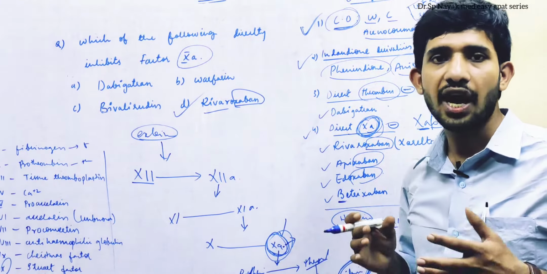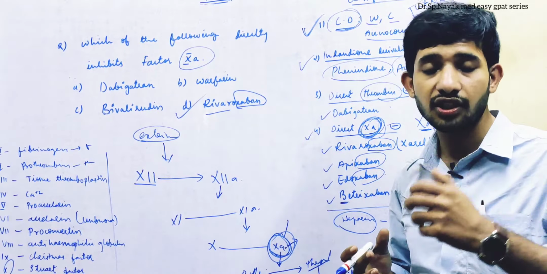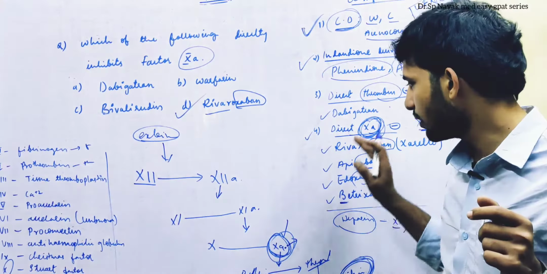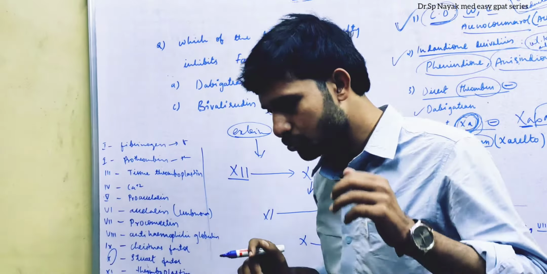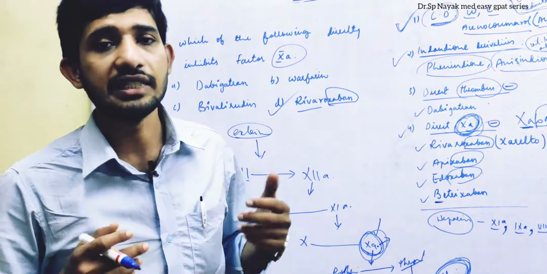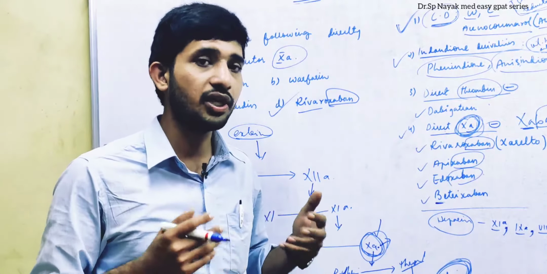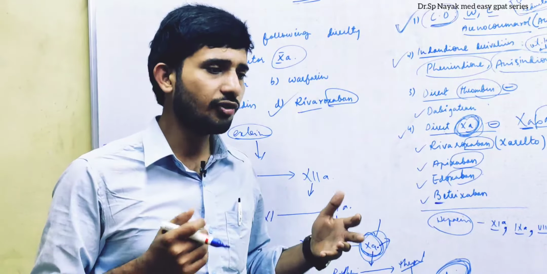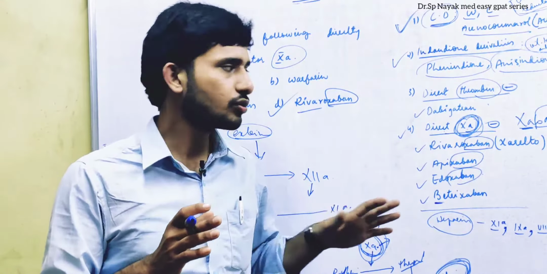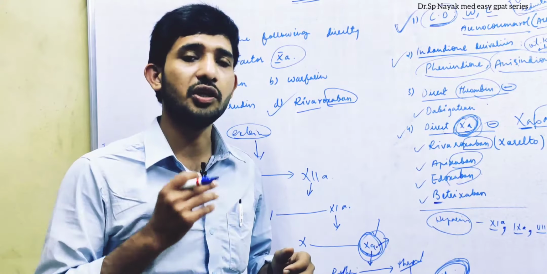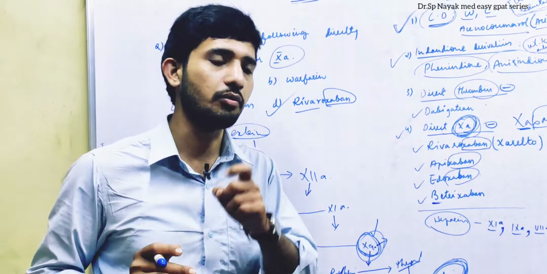Vitamin K has strong coagulation capacity. Vitamin K is used in patients who have severe bleeding risk, or in neonates, or patients who have bleeding disorders. Whenever a patient has severe bleeding, we inject vitamin K. So vitamin K is a strong coagulant, remember.